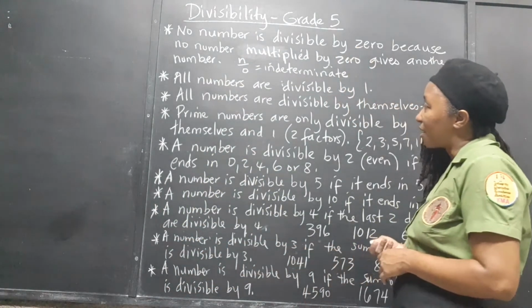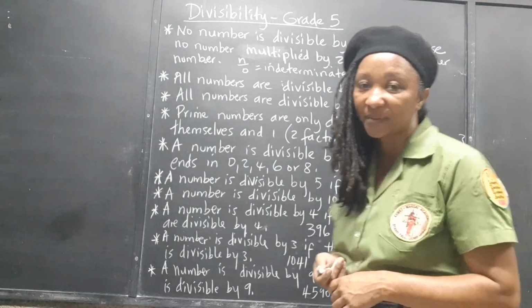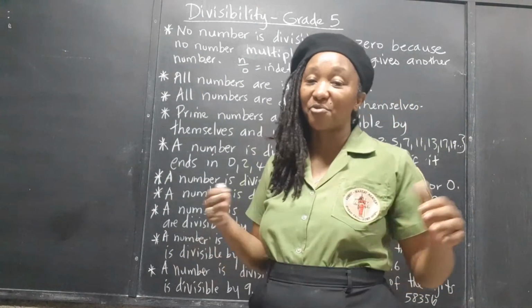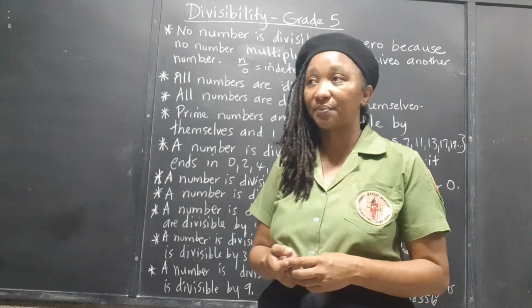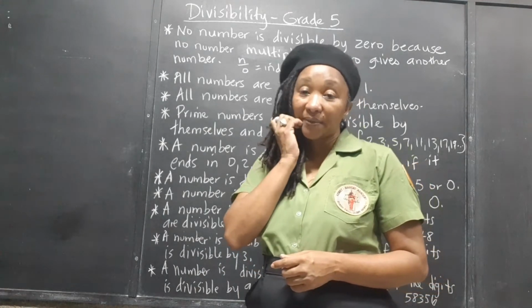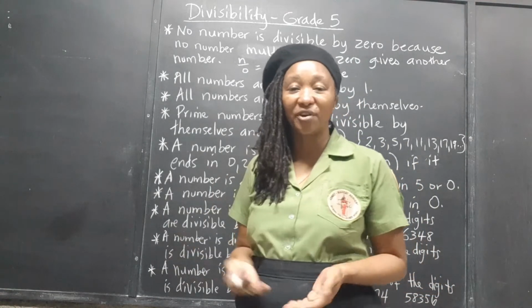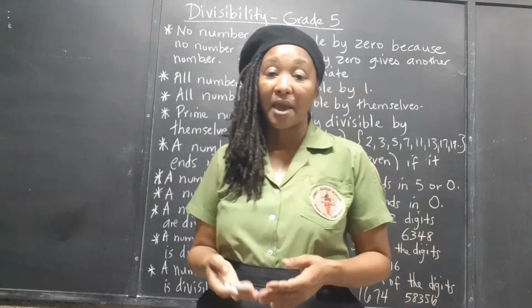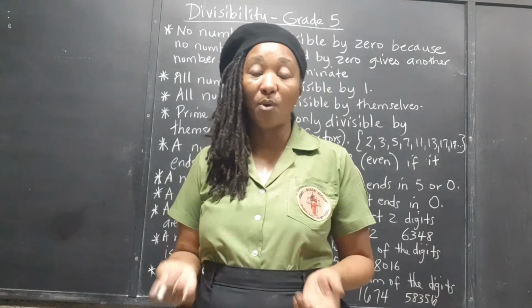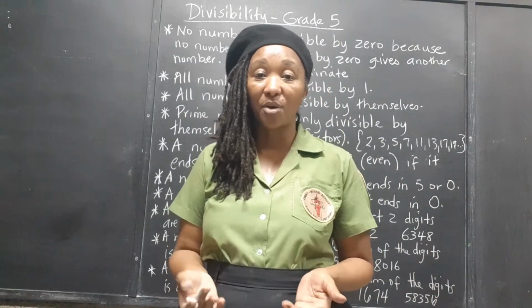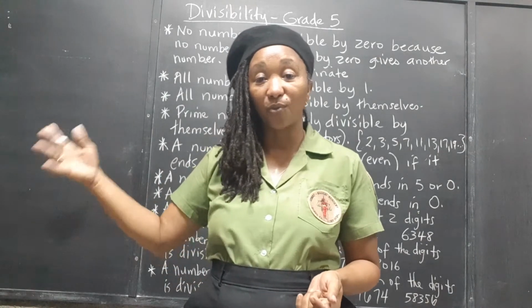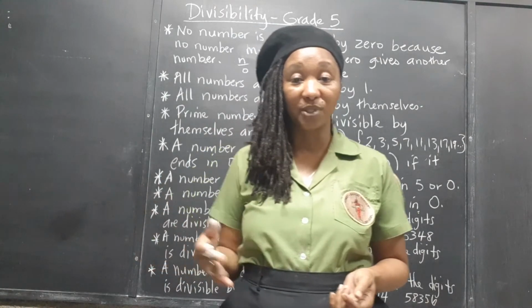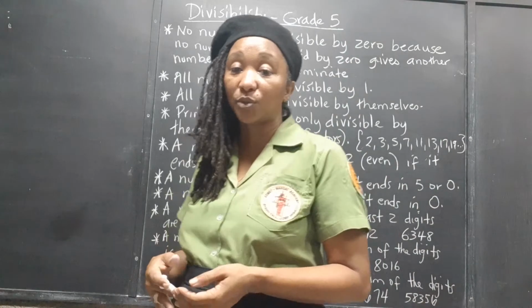Alright, so for the 1, remember 0 and 1 are really special numbers in maths. The 1 is called a universal factor because every number is divisible by 1. Every number can be divided into equal groups of 1, and the result will be that number.